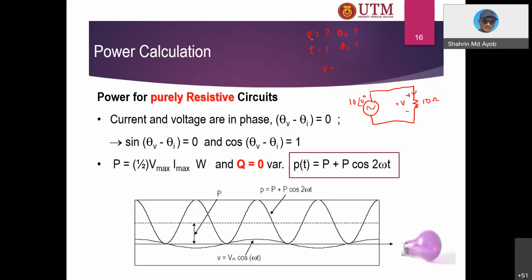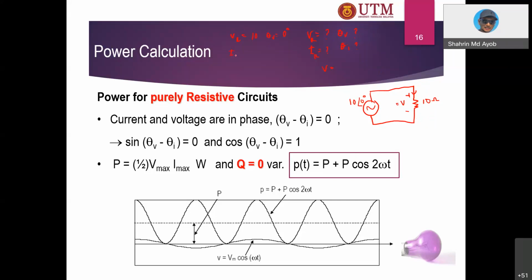This is the voltage across the resistor, because you want to see the power on this resistor. The angle of the voltage is also 0.